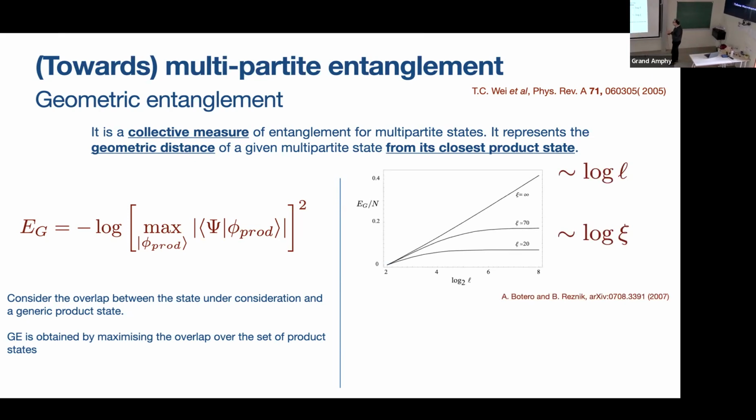For reasons which are completely unclear as far as I know, this geometric entanglement resembles the kind of area versus log L corrections that we saw for the entanglement entropy.